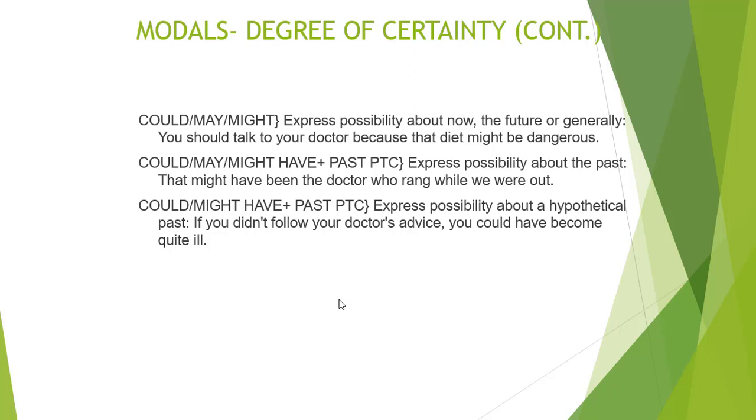Could, may, might have plus past participle express possibility about the past. I repeat it once again. They might have been the doctor who rang while we were out. Could or might have plus past participle expresses possibility about the hypothetical past.